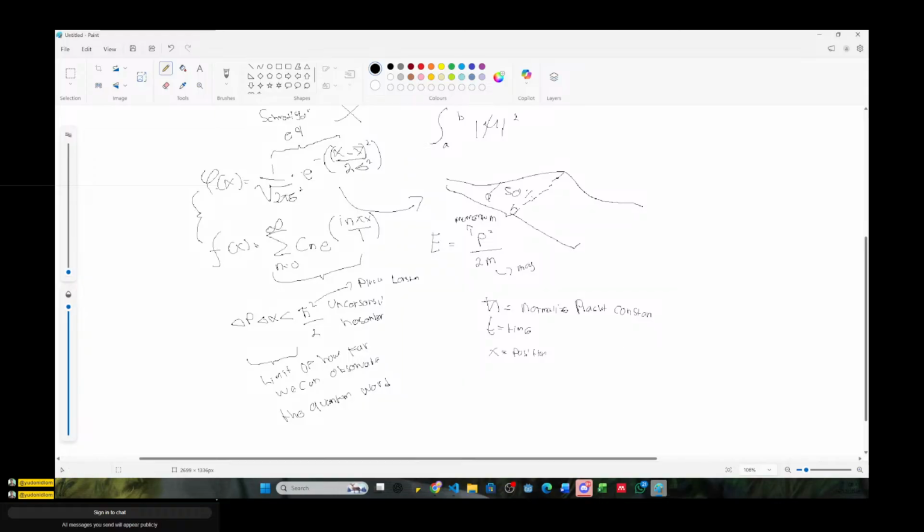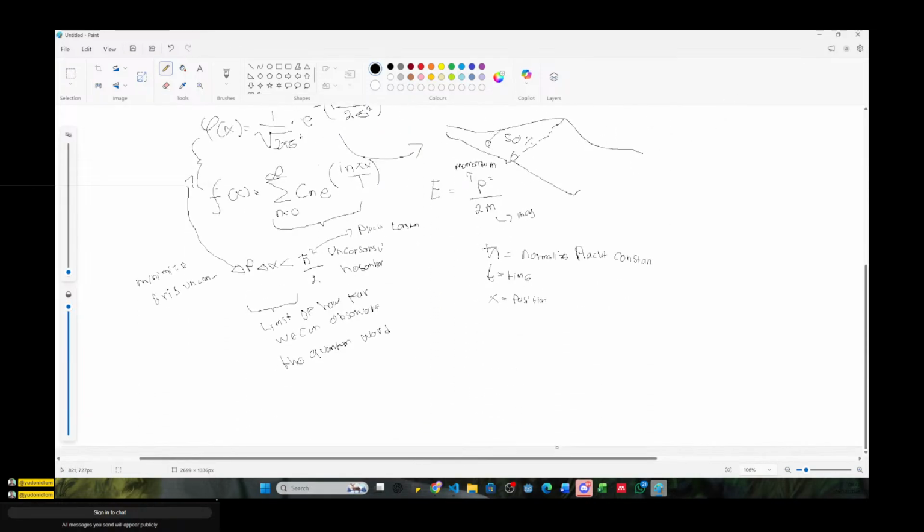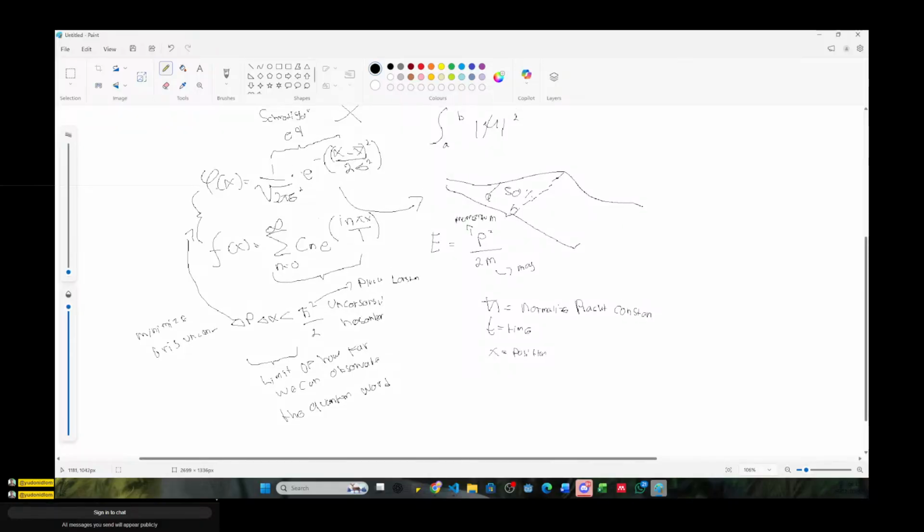The reason we use the Gaussian wave packet is to minimize this Heisenberg uncertainty. With the regular Fourier transform, we cannot tell where the position is, because we know the momentum.